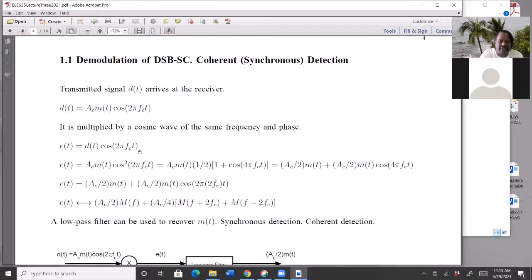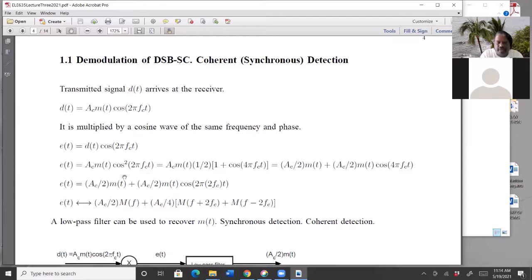So this may be a little bit confusing. The arriving signal is A_c m(t) cos 2 pi f_c t, but you multiply it by cos 2 pi f_c t again. And if you substitute this here, it becomes A_c m(t) cos square 2 pi f_c t.